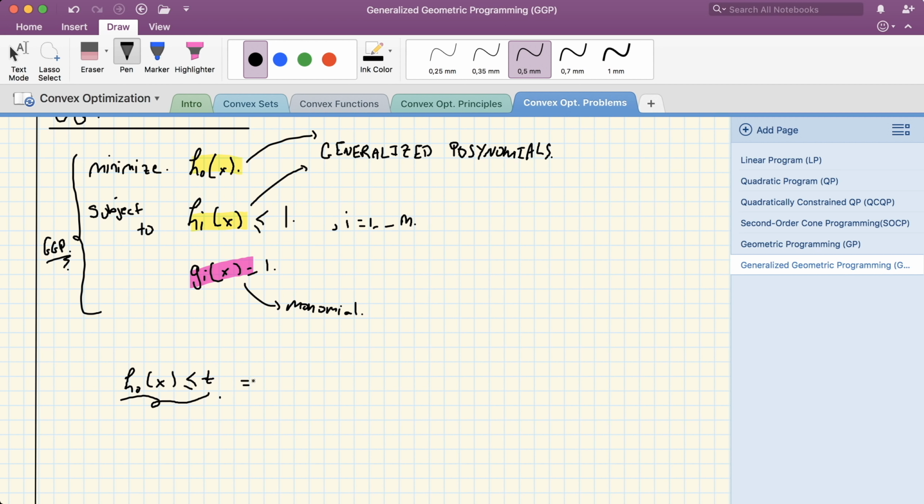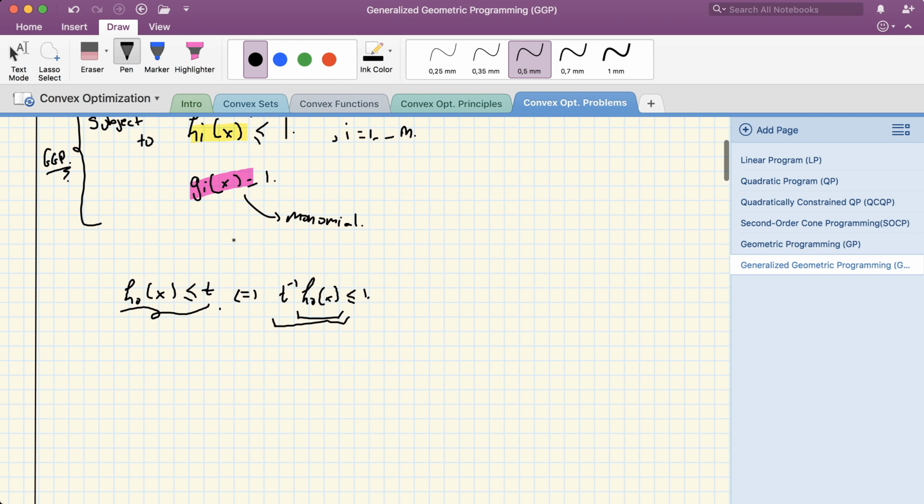Note that this constraint is the equivalent of just saying t inverse h0 of x less than 1. Now this guy is a generalized polynomial, since I'm multiplying with t inverse, which is one of the variables now in the problem, along with x, the whole thing is a generalized polynomial, and hence I only have generalized polynomials in my constraints.